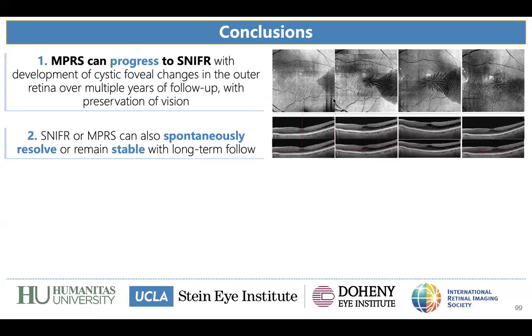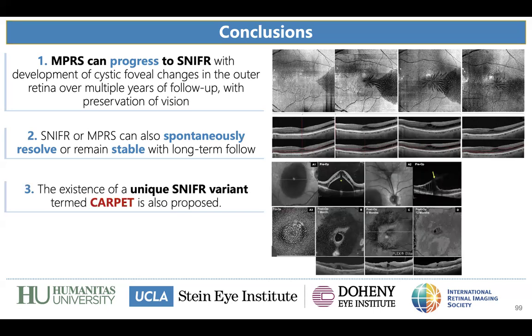So in conclusion, we showed that en face OCT is useful to demonstrate the progression, resolution, or even stability of SNIFFER associated with mid-peripheral retinoschisis. We proposed the existence of this novel variant that we termed CARPET.